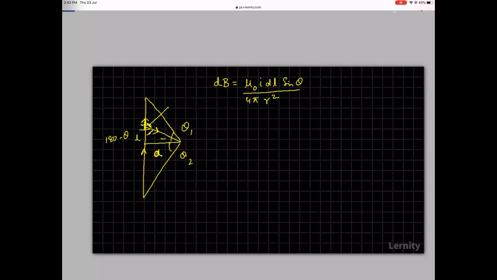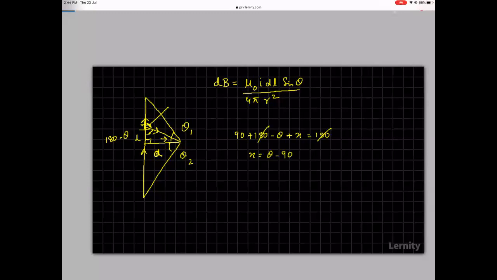One angle is 90, one angle is 180 minus theta, and the other angle is some x. Together it is 180, so these two get cancelled. Then can I say that x is equal to theta minus 90? Yes, so x is equal to theta minus 90.